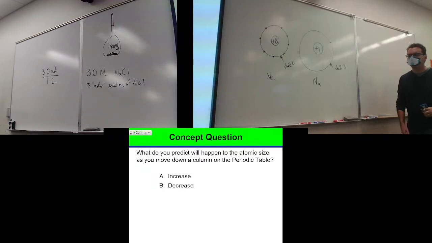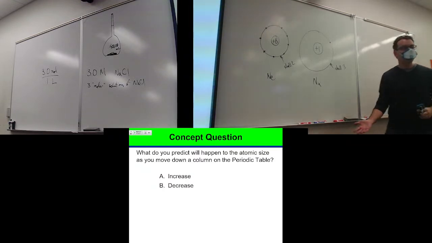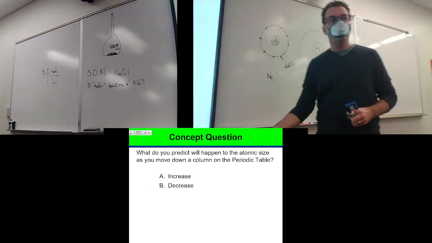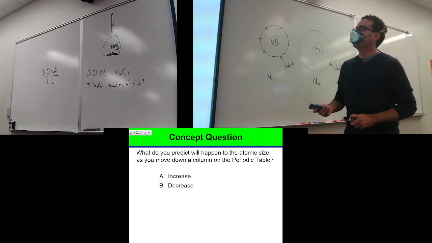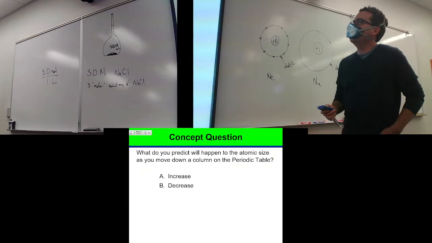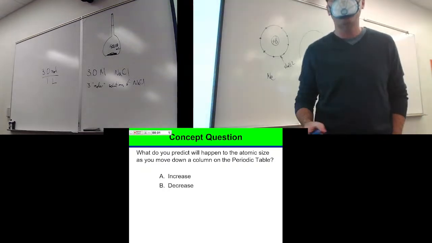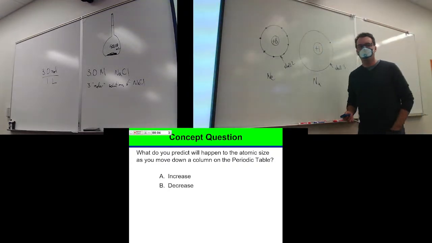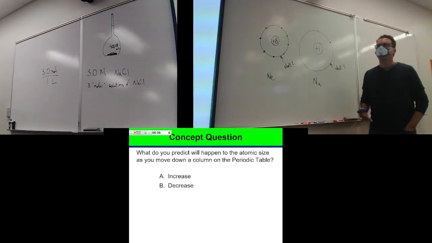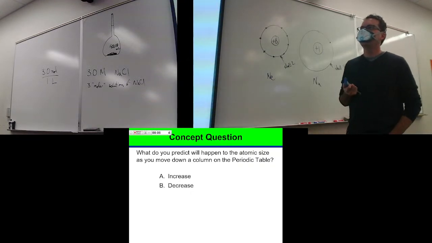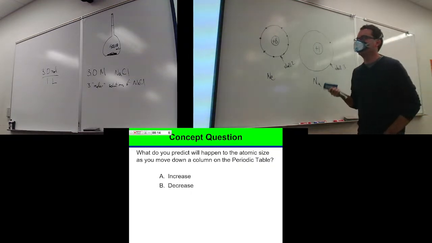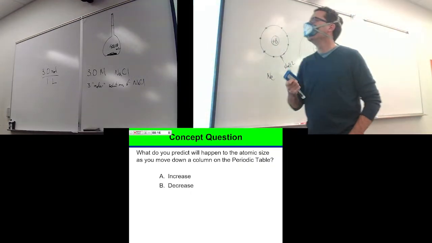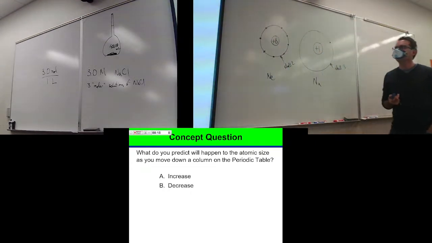But really what we care about is predicting relative size, not the exact size, but just understanding what's bigger. So if I go down a column in the periodic table, would I expect things to get bigger or smaller? This is the easier one of the two. We're going to do the across too. But if you go down a group, do atoms get bigger or smaller?